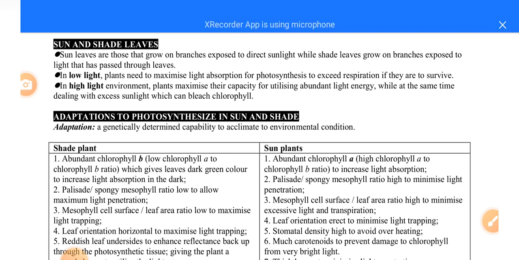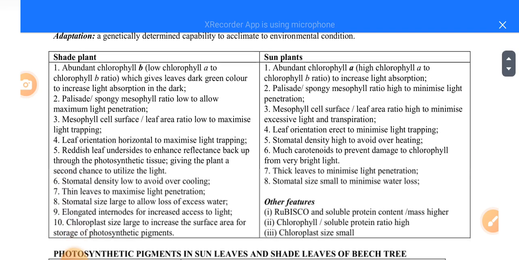Then in a high light environment, plants minimize their capacity for utilizing abundant light energy, while at the same time dealing with the excess sunlight which can bleach chlorophyll, as we looked at earlier. So let us look at the adaptations to photosynthesize in sun and shady environments.